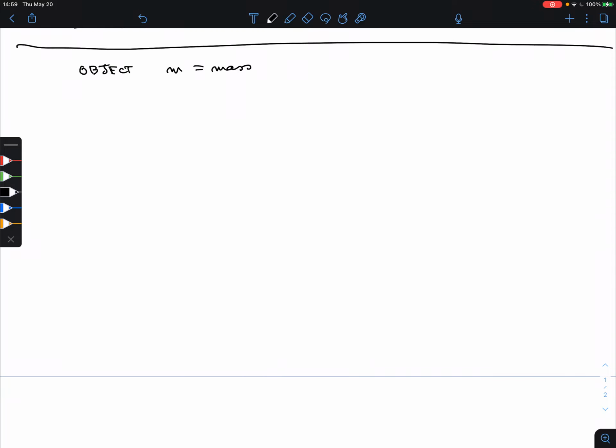And it is in a gravitational field, let's say of Earth. Let's say g is the gravitational constant. So we are somewhere in the universe on the surface of a particular star, moon or planet, and we have this gravitational constant, g.